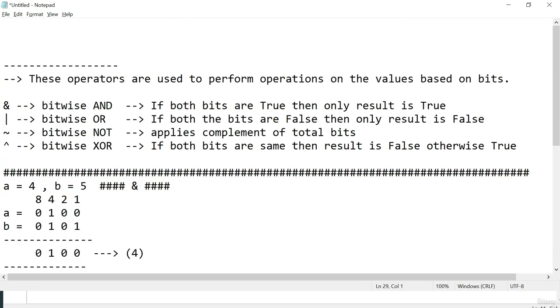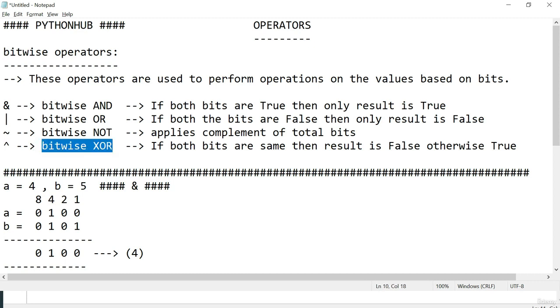First we will see the bitwise XOR operator, then I will explain the bitwise NOT operator. The third operator we are discussing is bitwise XOR. Let us see how this will work.